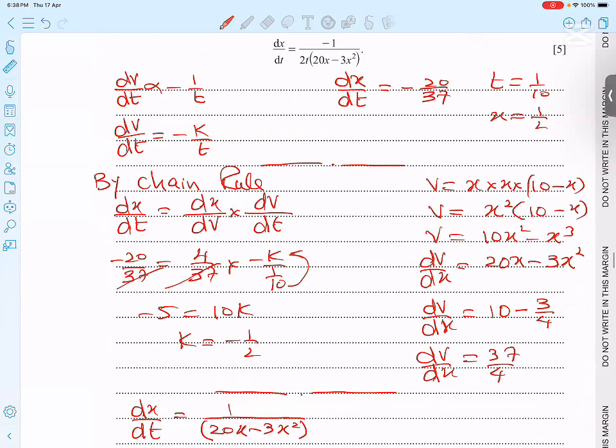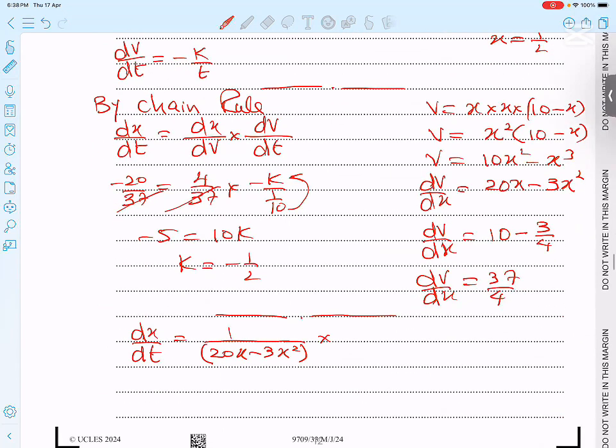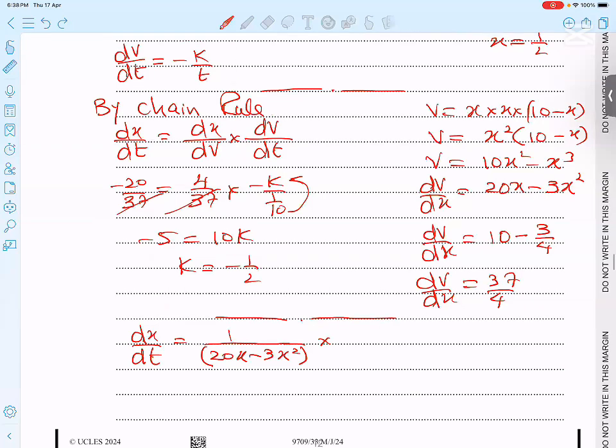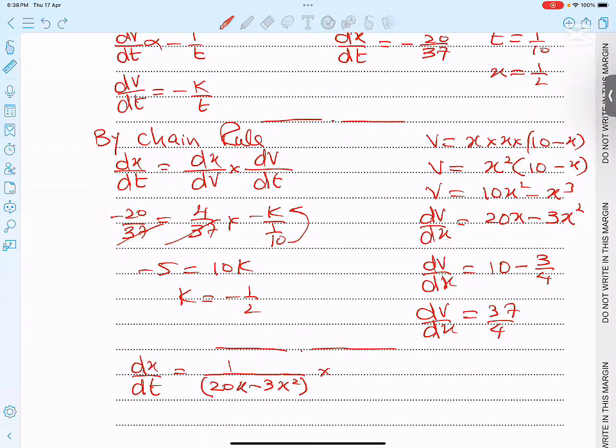And this is done. What is the value of dv by dt? I got this one. So I'm going to replace into negative k, but the k value is this. So I'm going to get this value. And sorry, this negative is there, and negative negative cancel, become positive half. So I'm going to place this positive half here, and I'm getting here negative 1 over 2 over t.